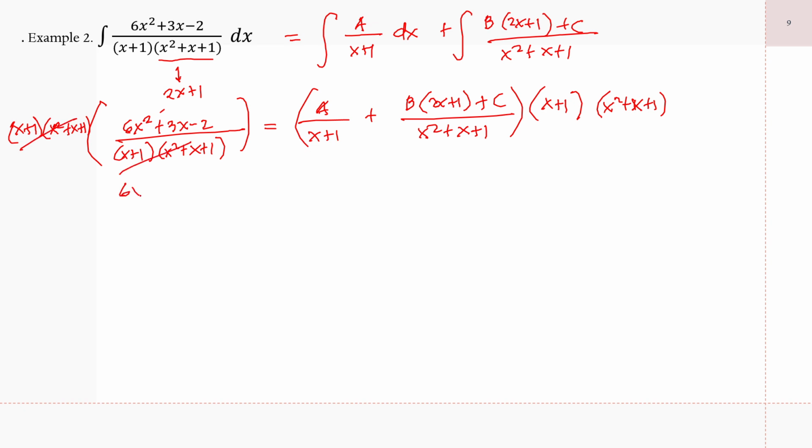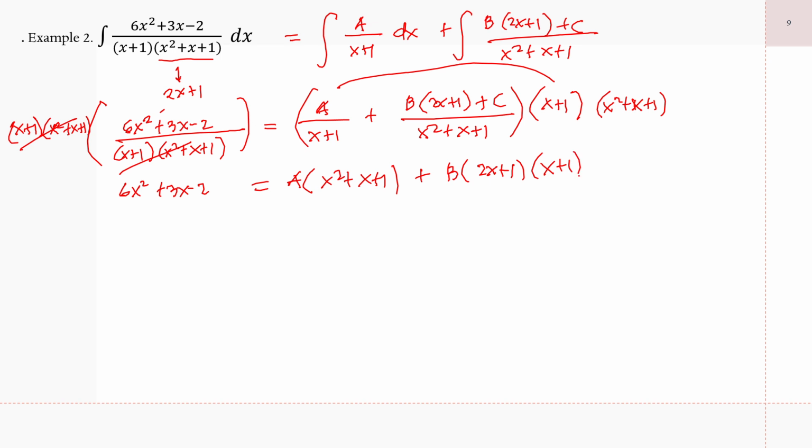So the remaining here is 6x squared plus 3x minus 2, which is equal to, when you multiply, a times (x squared plus x plus 1), plus b times (2x plus 1) times (x plus 1), plus c times (x plus 1).